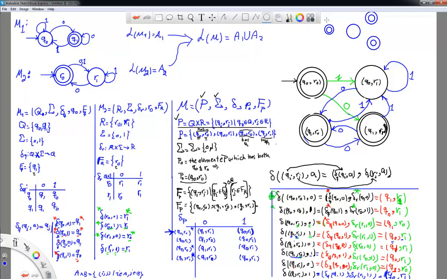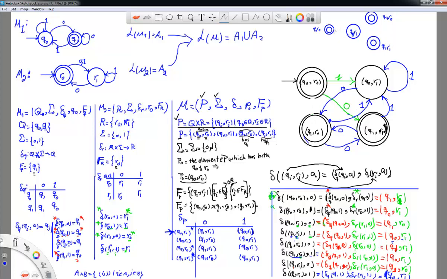So this state would represent your Q sub 0 R sub 0. This state would be your Q sub 0 R sub 1, and this state would be your Q sub 1 R sub 0, and this state would be your Q sub 1 R sub 1.